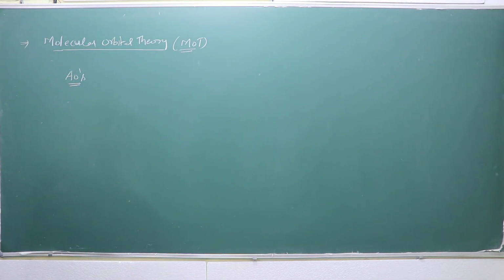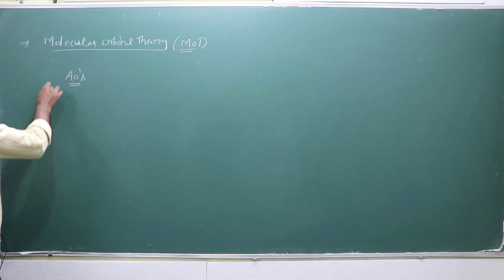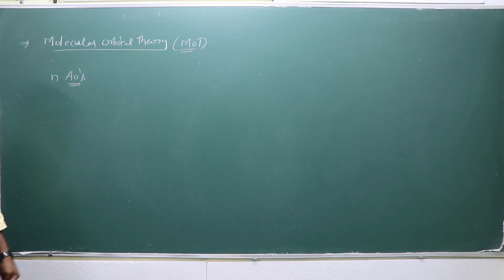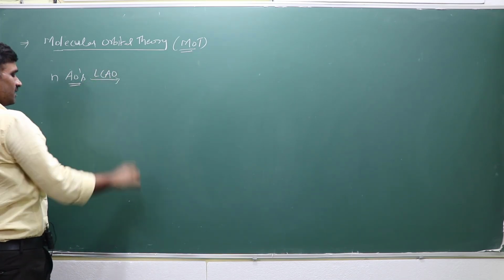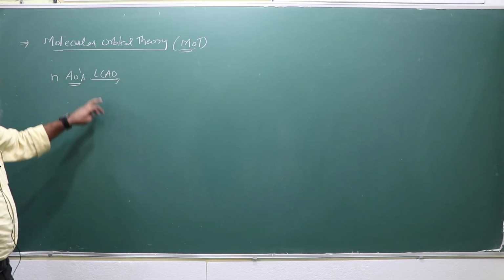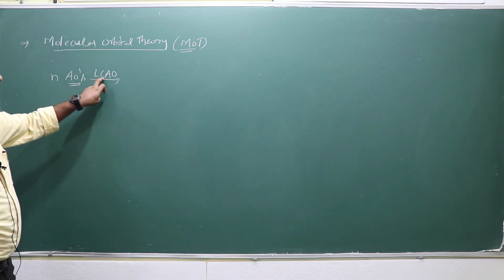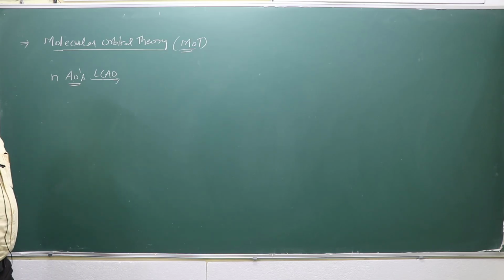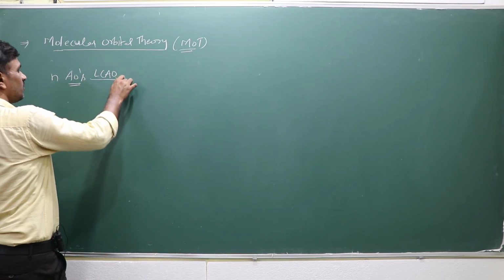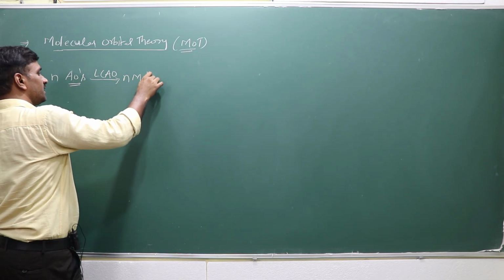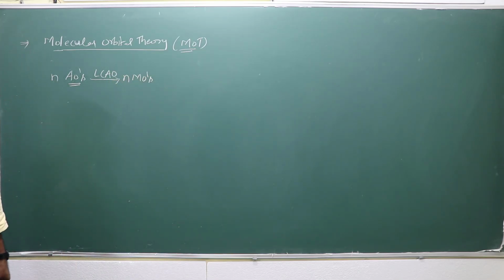If n number of atomic orbitals mix in the linear combination of atomic orbitals method, so LCAO means linear combination of atomic orbitals, an equal number of molecular orbitals are generated. If two atomic orbitals mix, two molecular orbitals are generated.